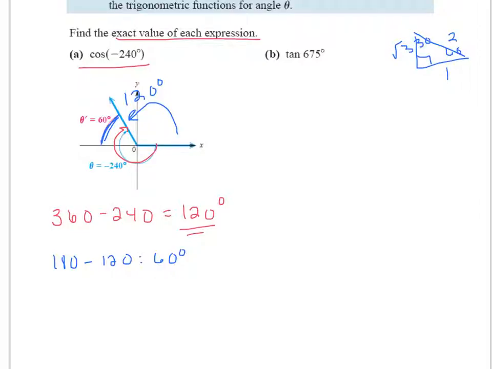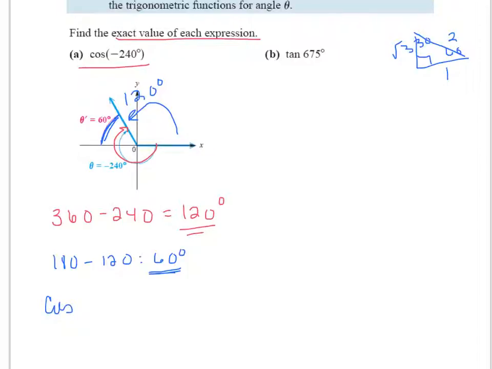So cosine of 60 degrees is what we're looking for. So cosine is adjacent over hypotenuse.